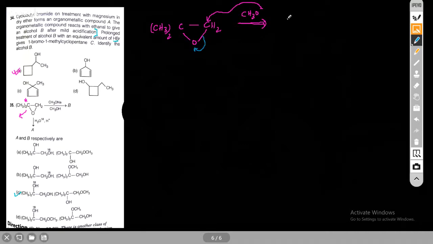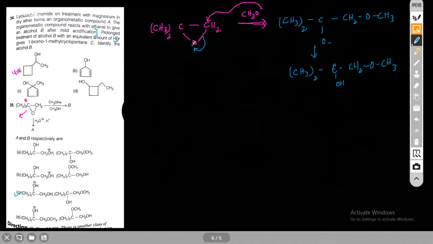So here we get (CH3)2C-O minus, CH2OCH3, which takes the H plus, and we get (CH3)2COH, CH2OCH3.